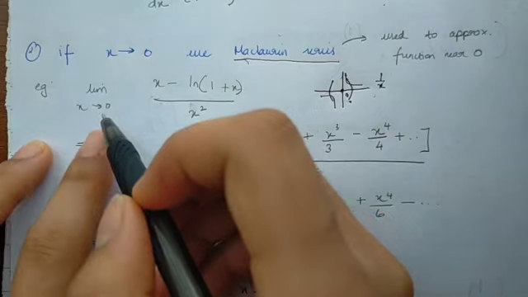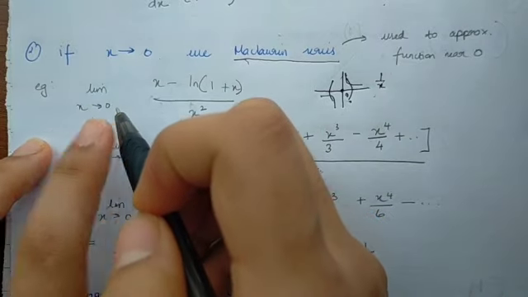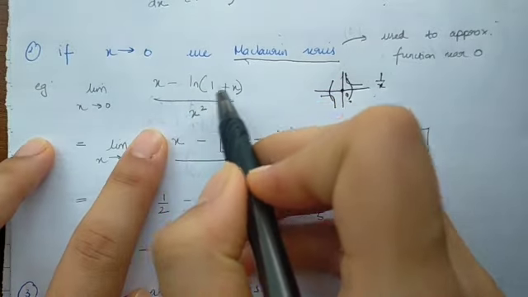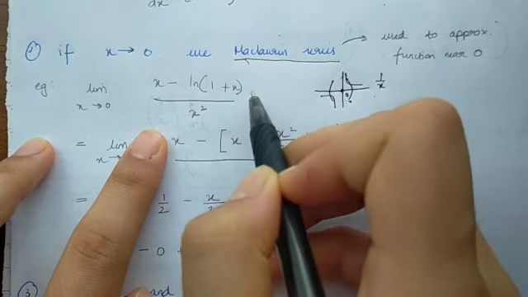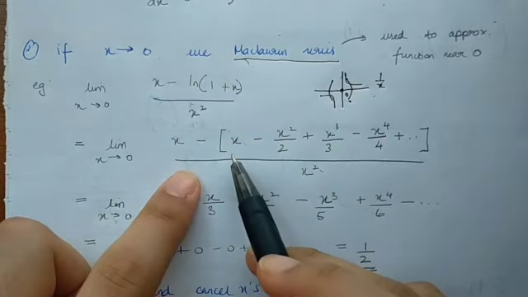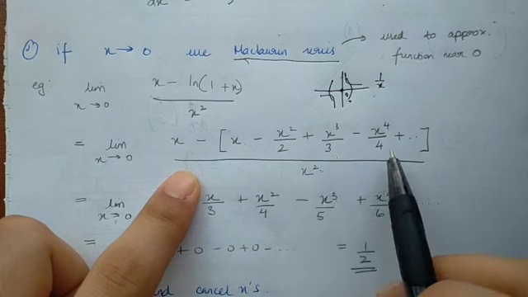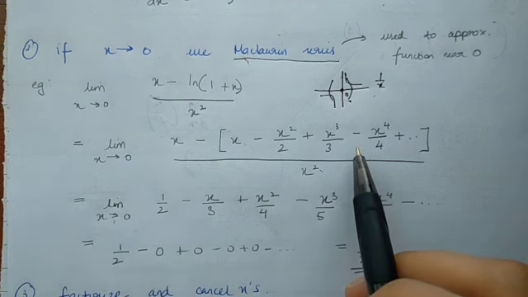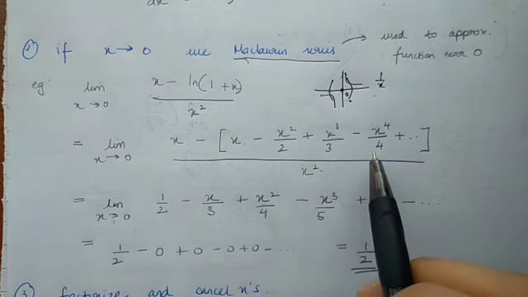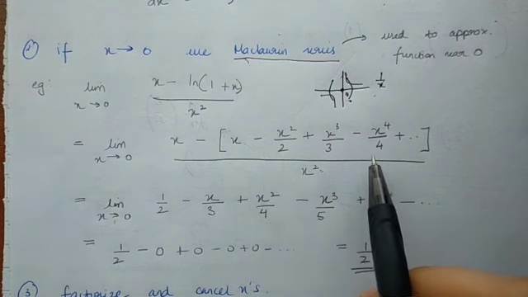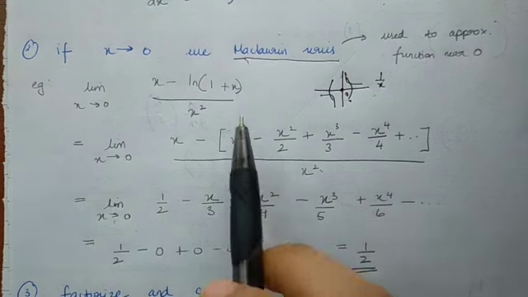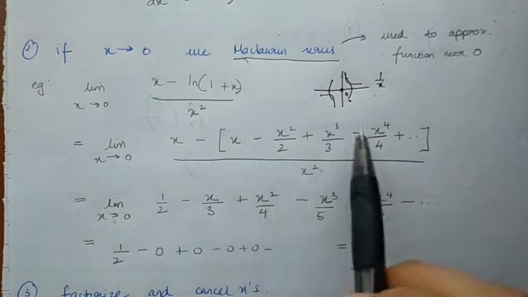So an example for this is a limit as x approaches 0. So if we have x ln(x plus 1) plus x over x squared. Now, using our Maclaurin series, which is given in your data booklet for AQA, this is just a simple approximation.